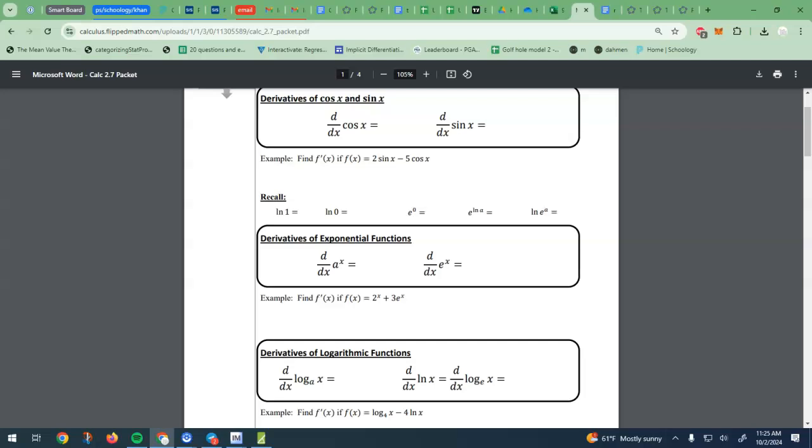So there is this rule, derivative of a to the x, that rule still applies.